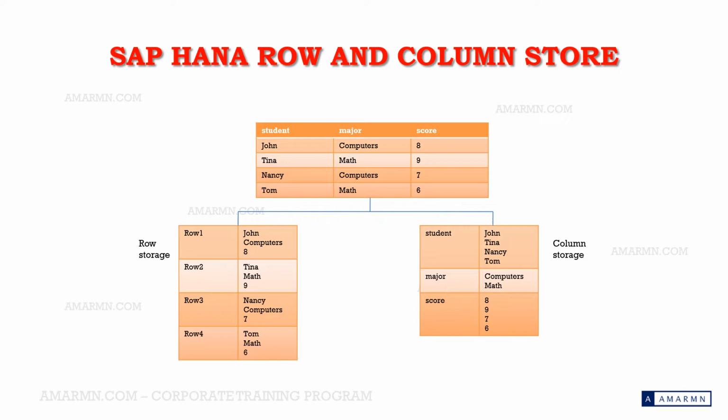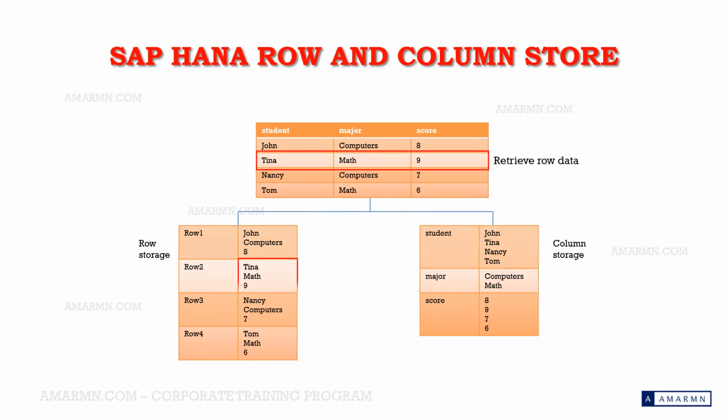A key difference between row and column store is the way the data is organized, as you can visualize from the image. Let's understand how computer stores data in its memory. It stores data in contiguous memory allocations.